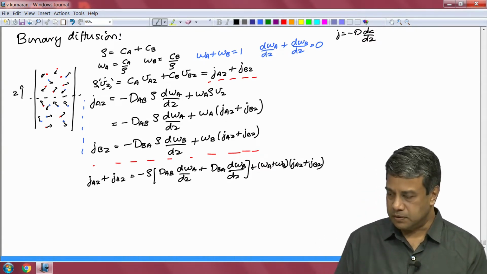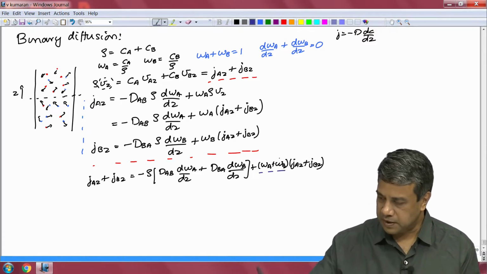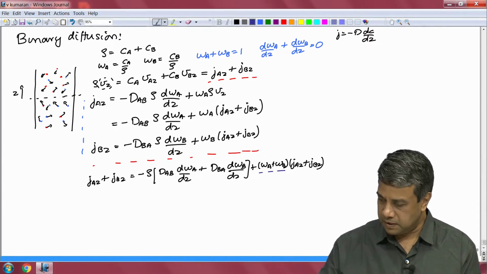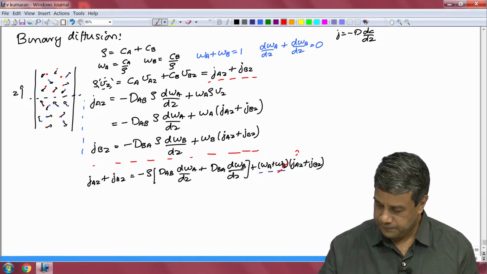Just adding up those two expressions. WA plus WB is equal to 1, and therefore, these two terms will cancel out on the left and the right sides.